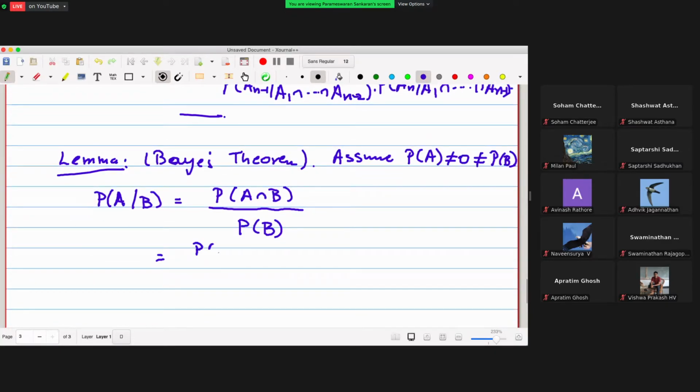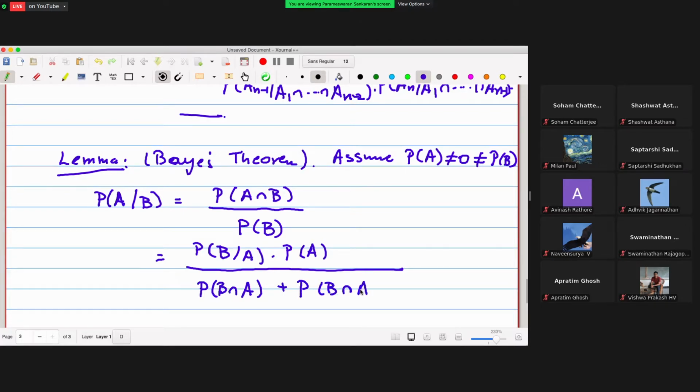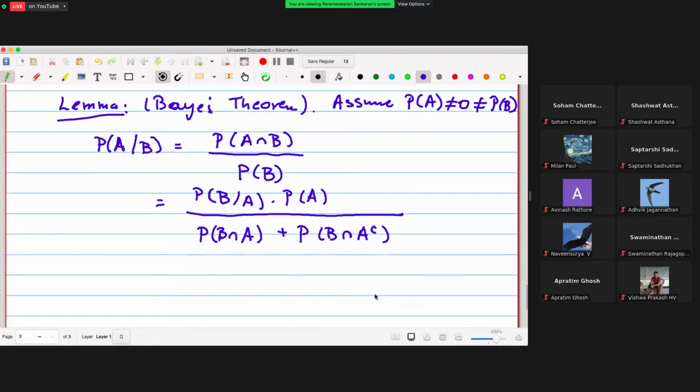the probability of B given A times the probability of A, divided by, here you rewrite this as the probability of B intersection A plus the probability of B intersection A complement, and each one of these intersections you can rewrite in terms of the probability of B given A times the probability of A. So I'm writing the proof itself as a lemma, but that's the way I can remember.